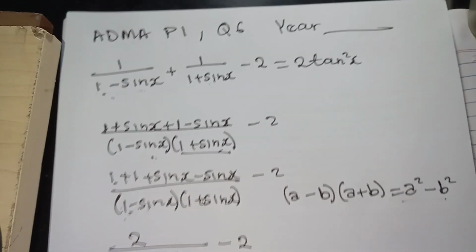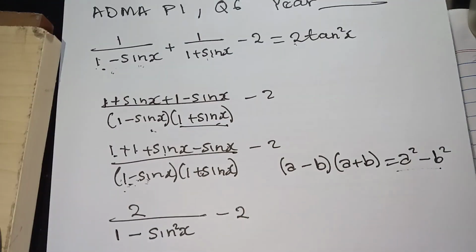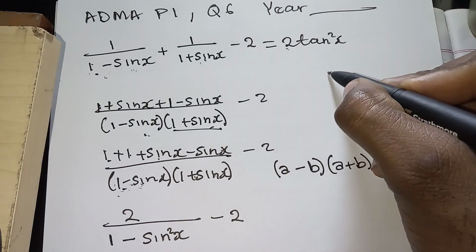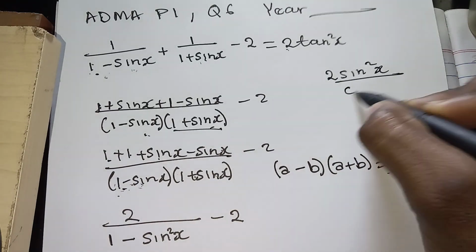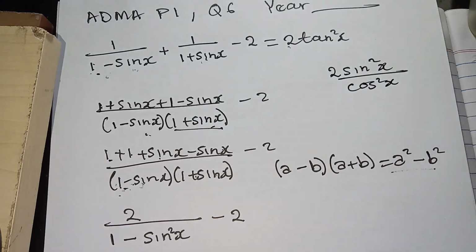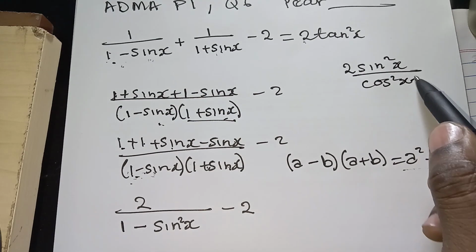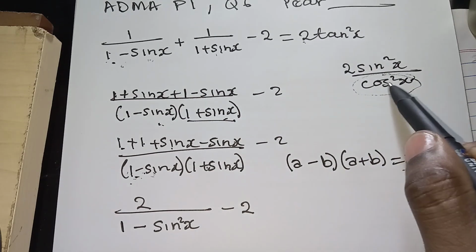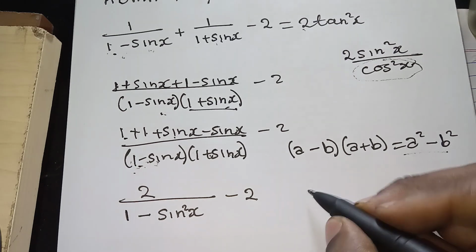So we are trying to find 2 tan squared x, which is like 2 sine squared x over cos squared x. To do that, make sure that you have a cos squared in the denominator. So let's change this to cos squared.